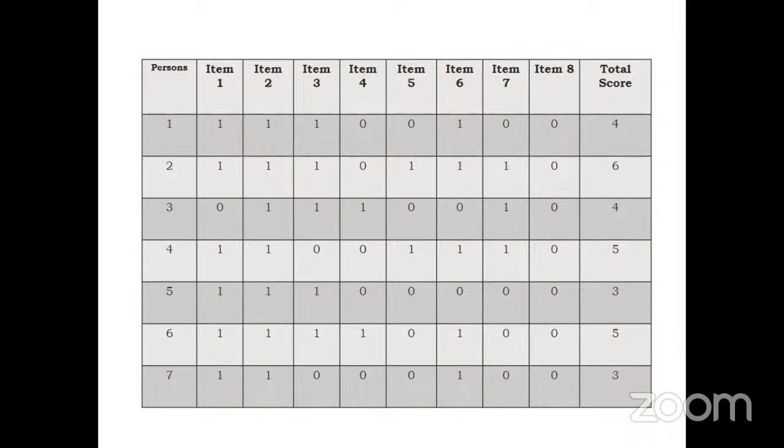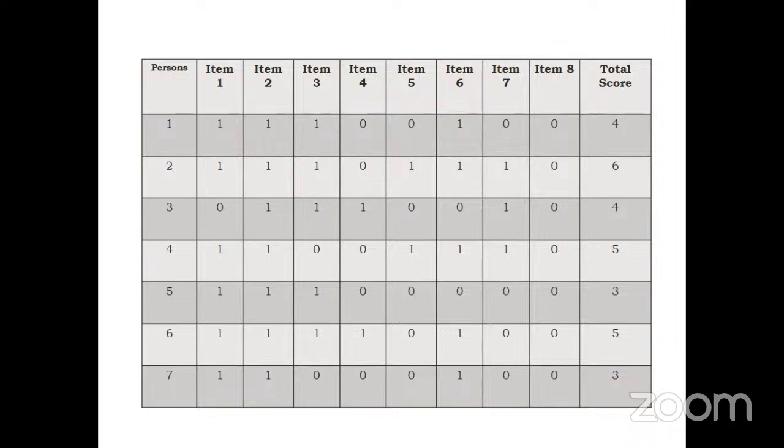The first person got a score of 4. This person got items 1, 2 and 3 correct, and then item 6 correct. The others are wrong. For person 2, the first 3 items were correct, the fourth item was wrong, and then the next 3 items were also correct. So he or she got a score of 6, and likewise all the other people scored in that way.